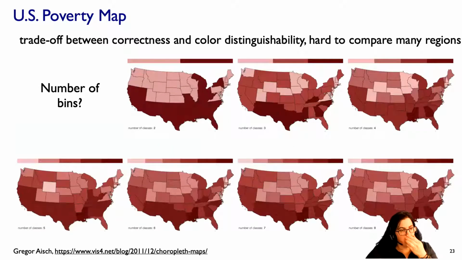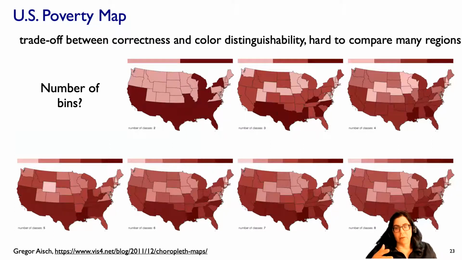In fact, Aisha actually did a nice little progression where we went from 2 classes to 3 to 4 to 5 to 6 to 7 to 8. And the point is that the number of bins is an interesting variable. There's a fundamental trade-off between accuracy or correctness, right? How fine-grained of the data can you see?